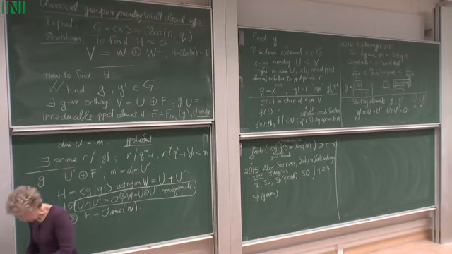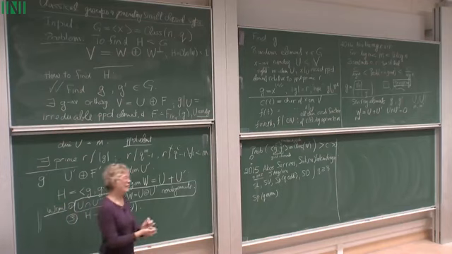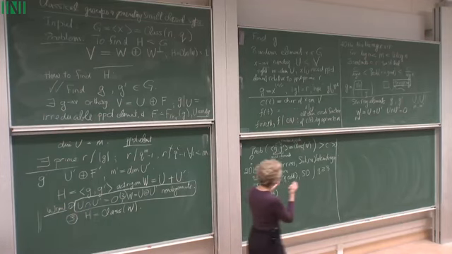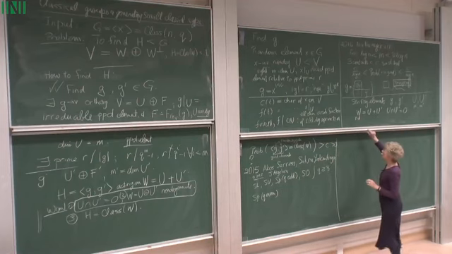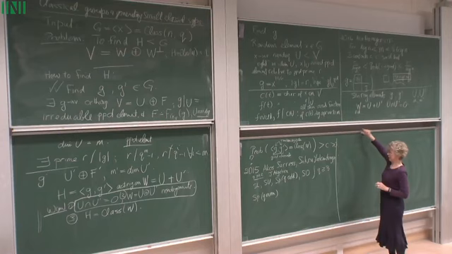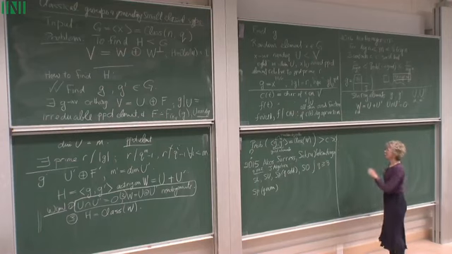So I wanted to talk you through what we're trying to do to get this chance of W being non-degenerate. So let's set up the problem.